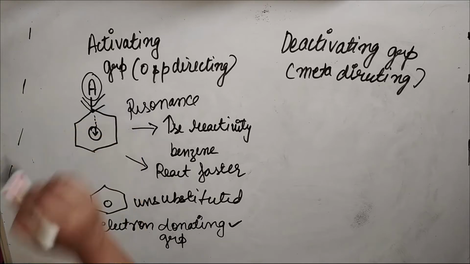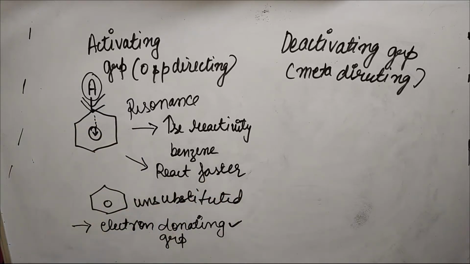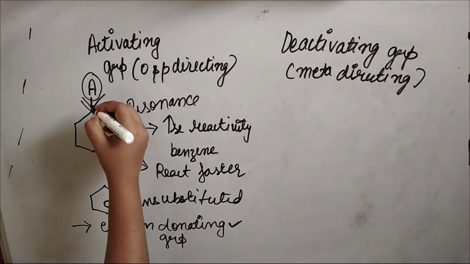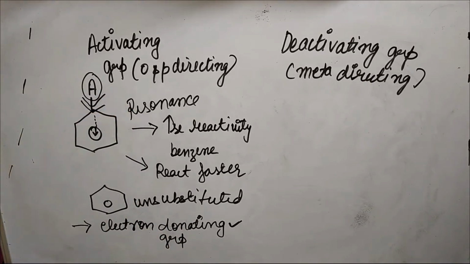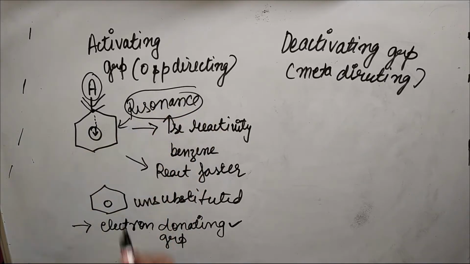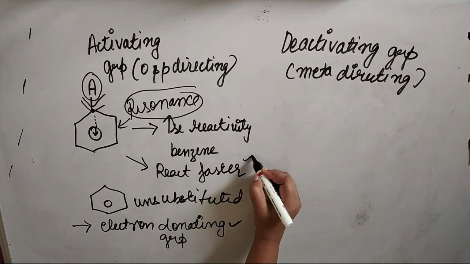They divert electrons to the ring to activate it and make it react faster. That is why they are called activating groups. So electron donating groups are activating groups. They give electrons to the ring and due to resonance the ring gets stabilized and reacts faster with other substituents.